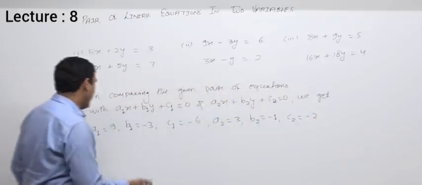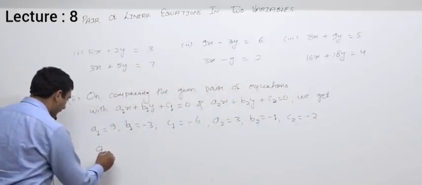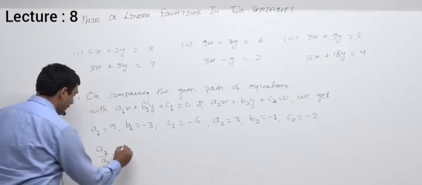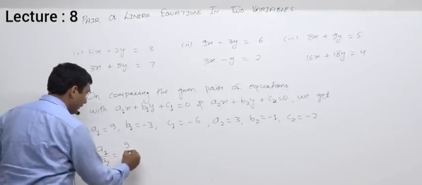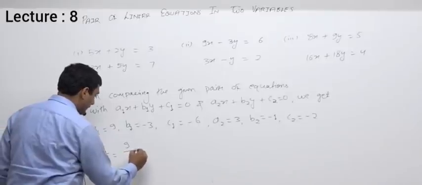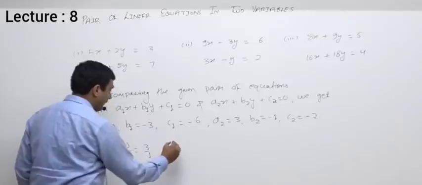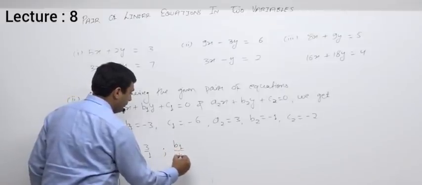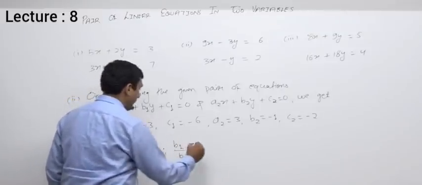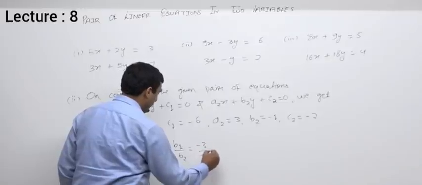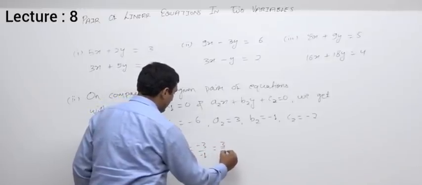Now again we'll find the same thing. That means first we'll find a1 upon a2, so that is 9 upon 3, that is 3 upon 1. Then we'll find b1 upon b2, that is minus 3 upon minus 1, that is 3 upon 1.